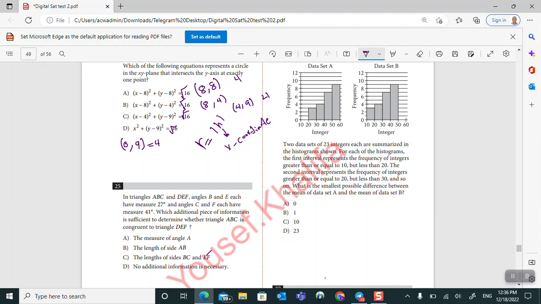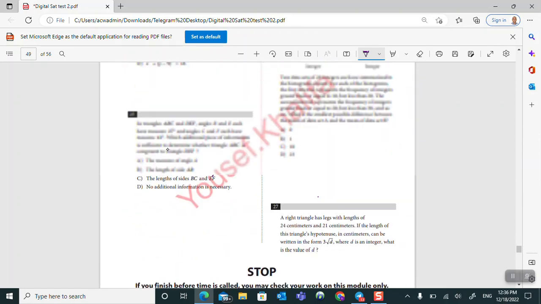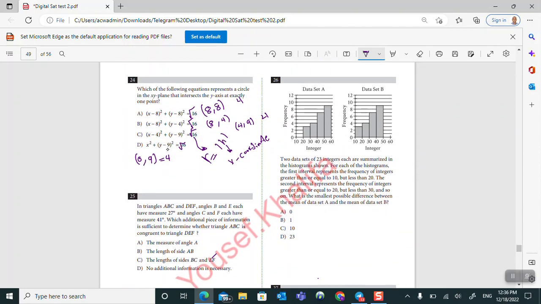The only one that satisfies our given equation is C. So when we have such a question, all you have to do is find when r is equal to h. That's why it's C.